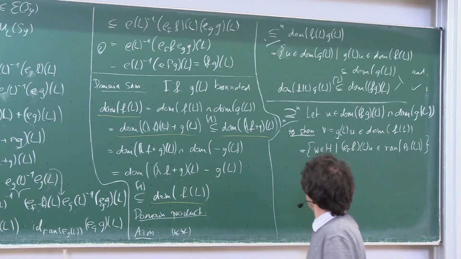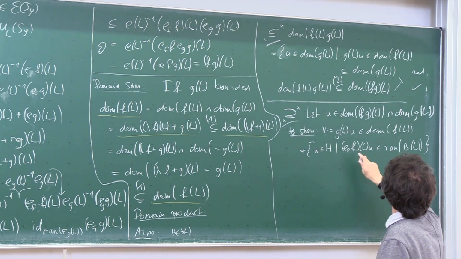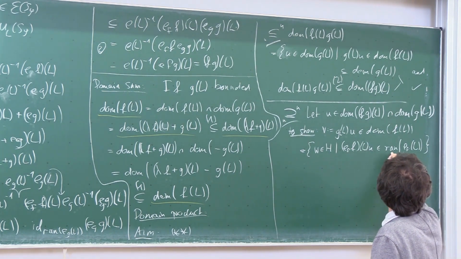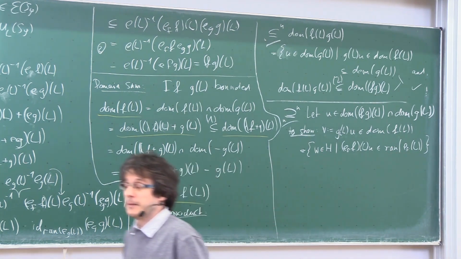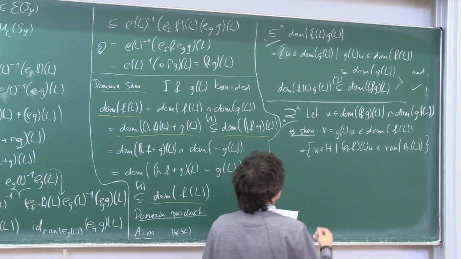Okay, so that's what we have to show. We have to show that this element G of L u is such that if you apply e^{f}(L), you end up in the range of e^{f}(L). Okay. So, yes?